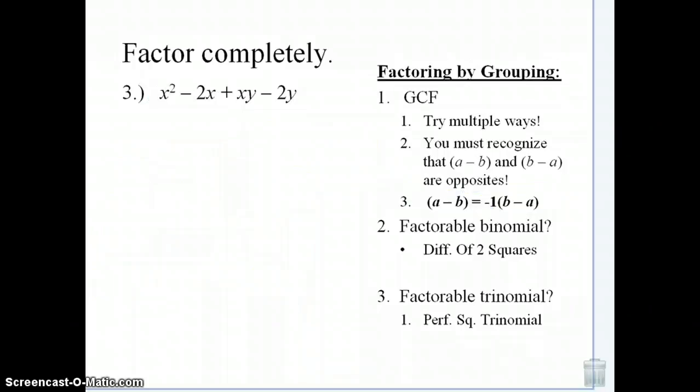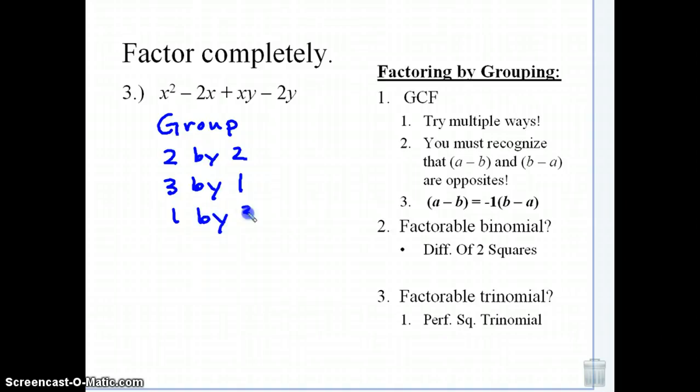Okay, our next problem is x squared minus 2x plus xy minus 2y. Notice this time there's no parentheses. So you have to make a choice of how you're going to group it. I would like you to write that down. You can group it 2 by 2, 3 by 1, or 1 by 3. Those are our choices. Okay.